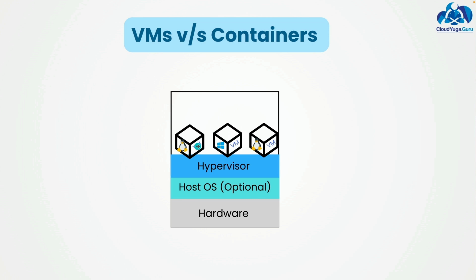Now here we can see that we have deployed 2 VMs of Linux and 1 VM of Windows. So we can deploy different kinds of OSs here. Every OS by itself is going to have its own kernel space, and then we can deploy the applications on top of the virtual machine.